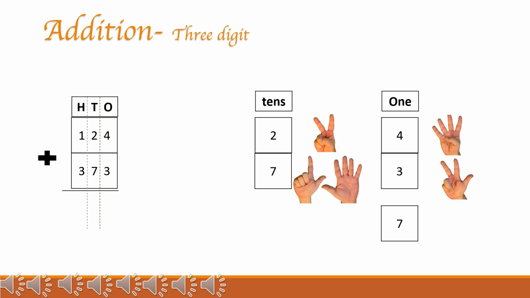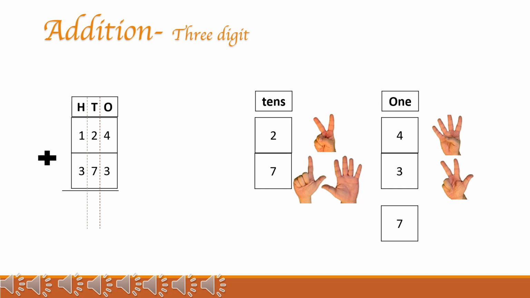We have 2 and 7 at tens place. So back to basics. We'll do the forward counting from 7. So first place we have 8 and second place we get 9. So 7 plus 2 will be 9. Do it by using fingers. So we have 7, the greater number.